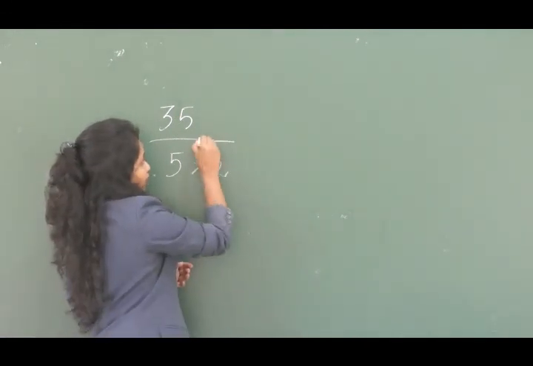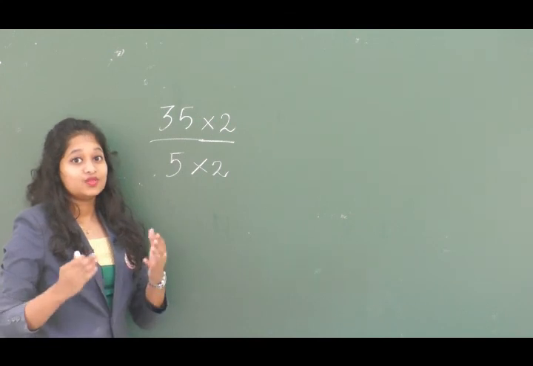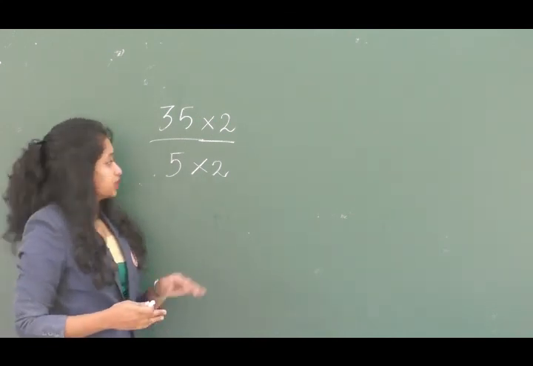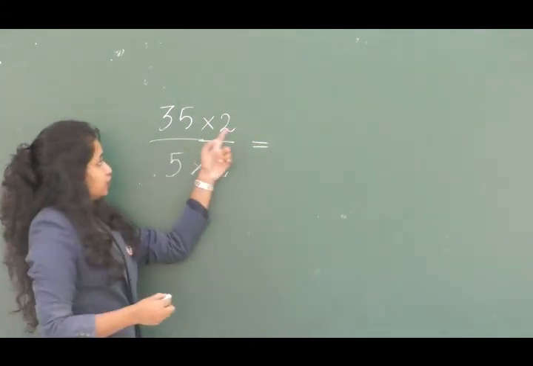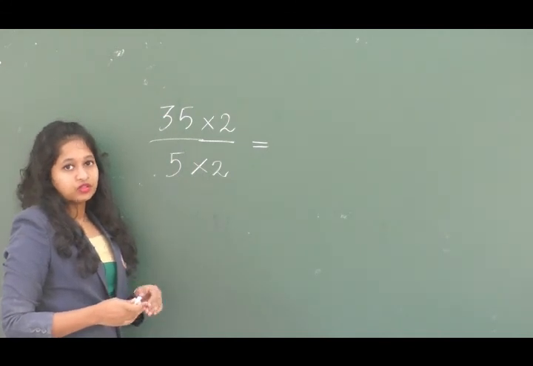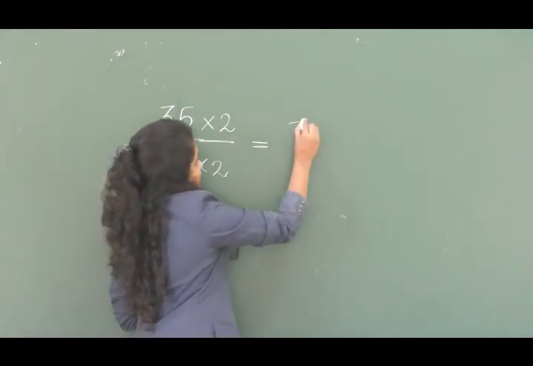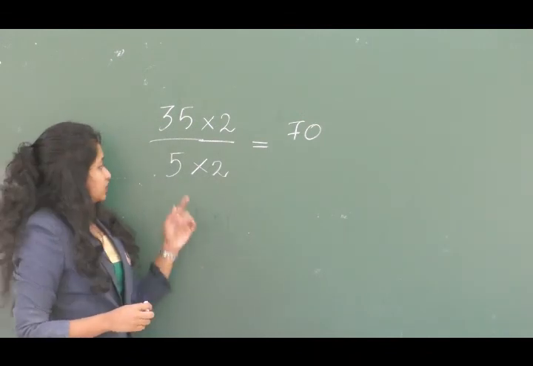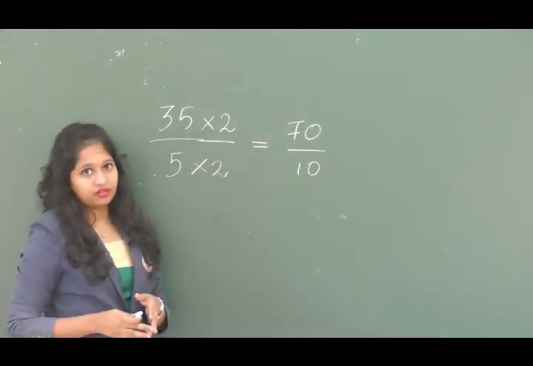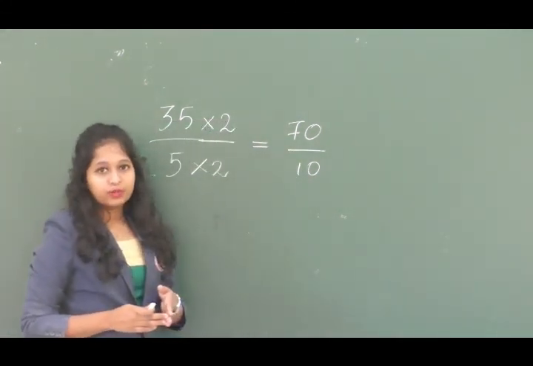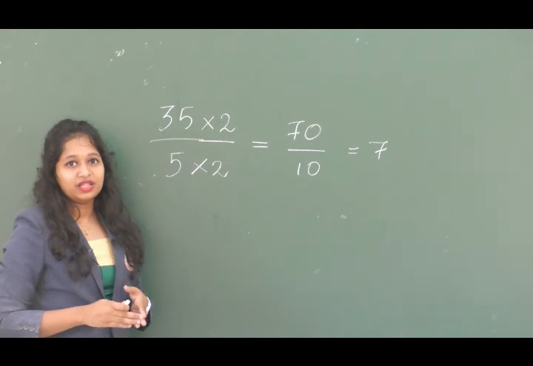So when you multiply the denominator by 2, we should multiply the numerator also by 2. That is what an equivalent fraction is. So now I got 35 into 2 by 5 into 2. What is 35 into 2? It is 70. 5 into 2 is 10. Now 70 by 10 is 7. We did not get any decimal number.